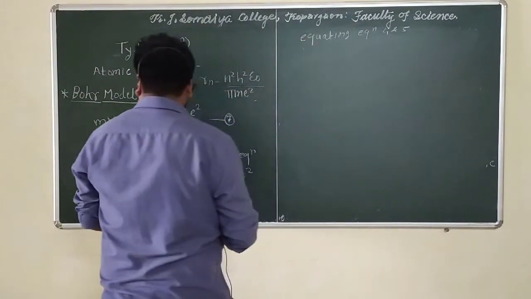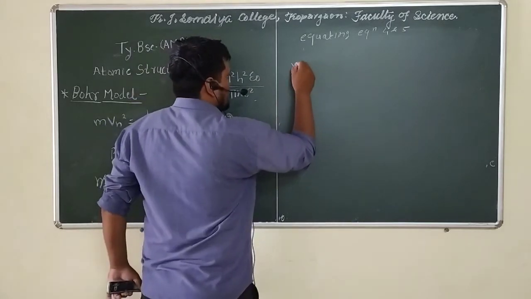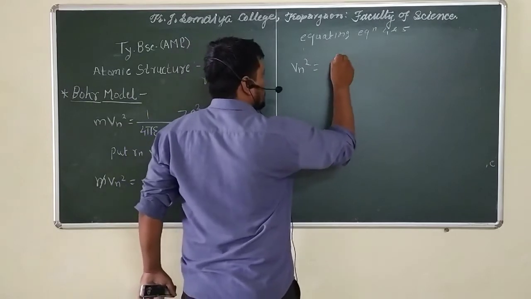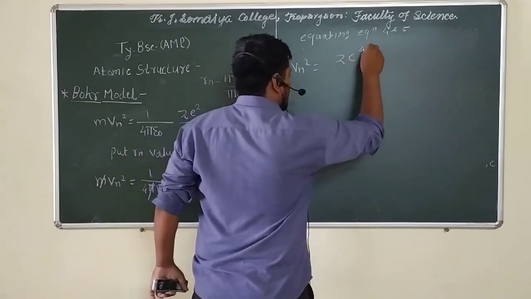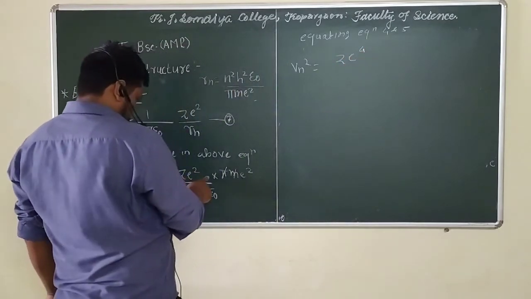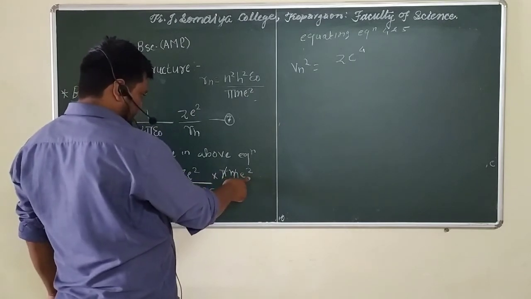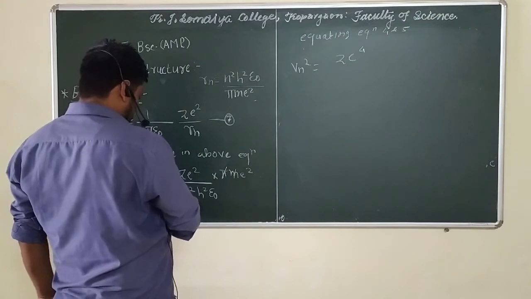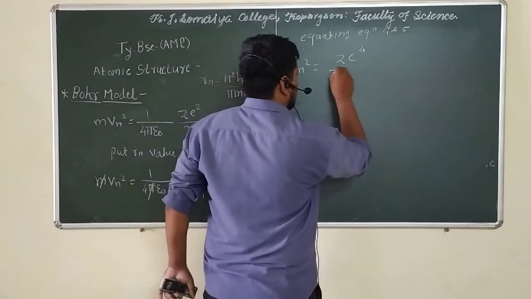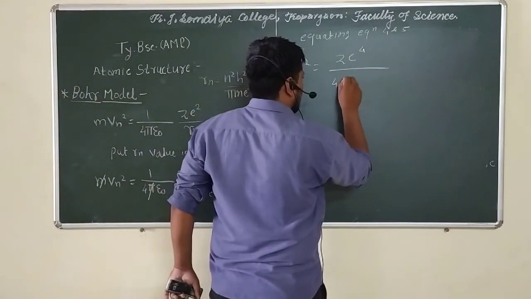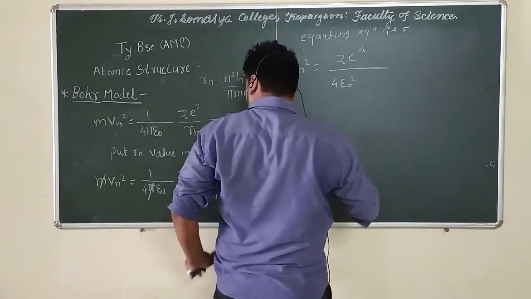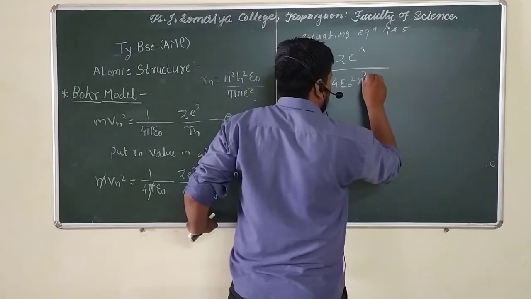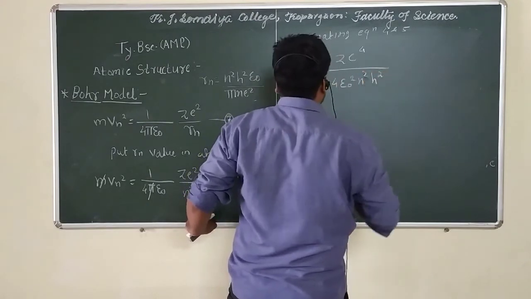So the formula is Vn square is equal to z e to the power 4 divided by 4 epsilon naught square n square into h square.